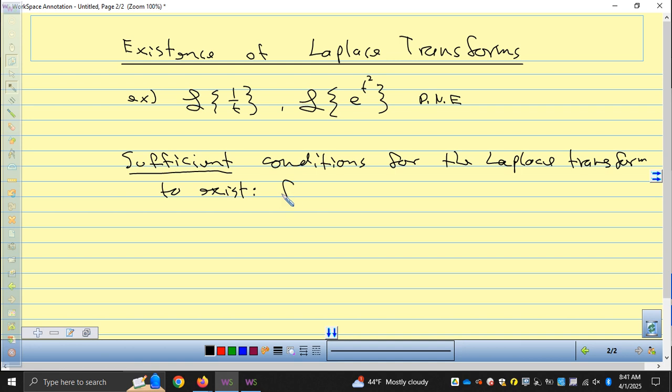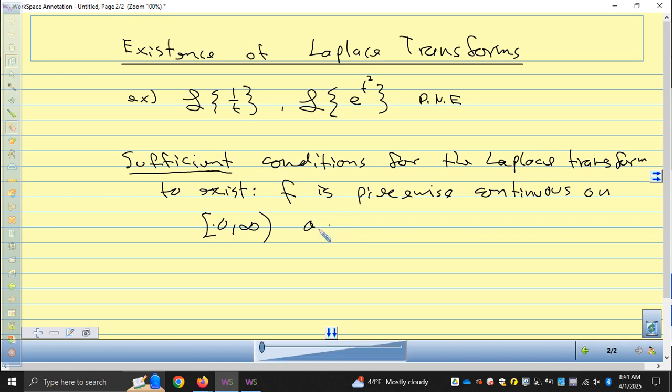We need f is piecewise continuous on 0 to infinity. And just a reminder, piecewise continuous means we have a finite number of discontinuities. And they're finite discontinuities, not infinite discontinuities. And we'll define what this next term means in just a second.